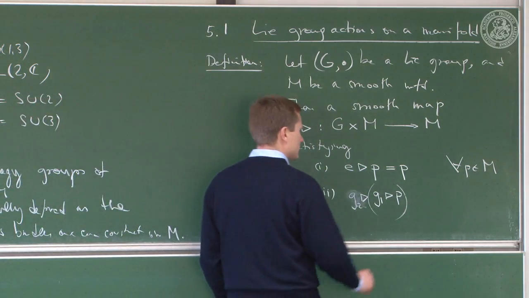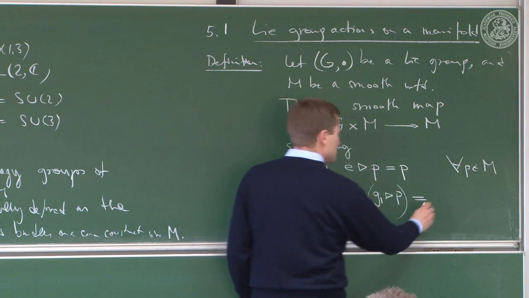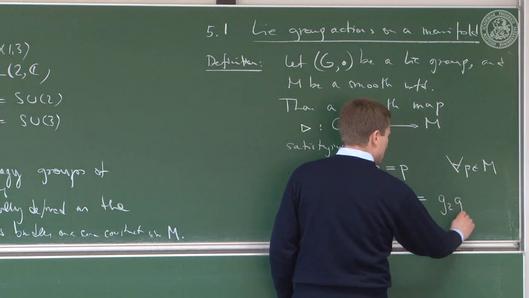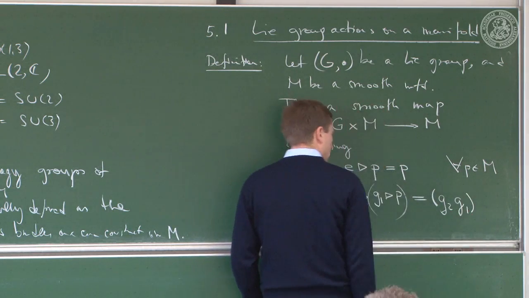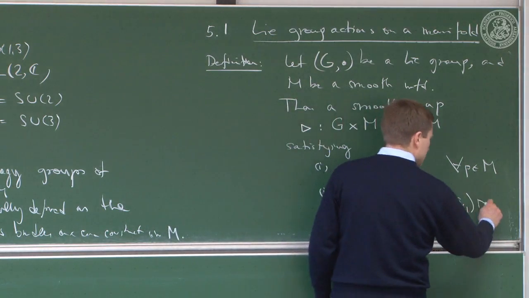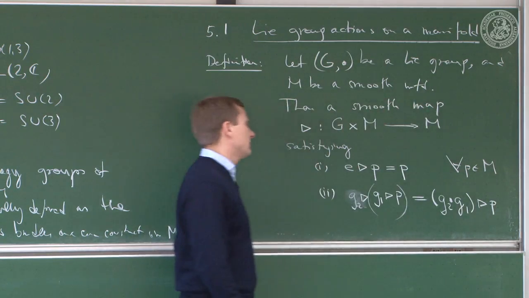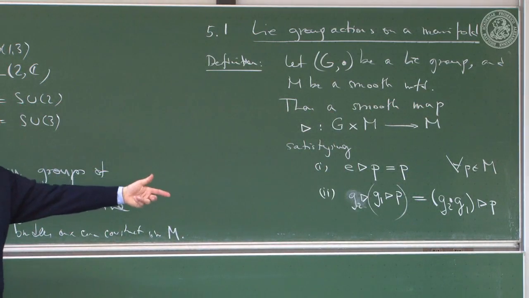Only one way to read this expression. Anyway, you require this to be G2 G1, so you keep the order G2 G1, and that, of course, goes with the blob, and that acts on P. So you can act one after the other, or you can act at once with the product.